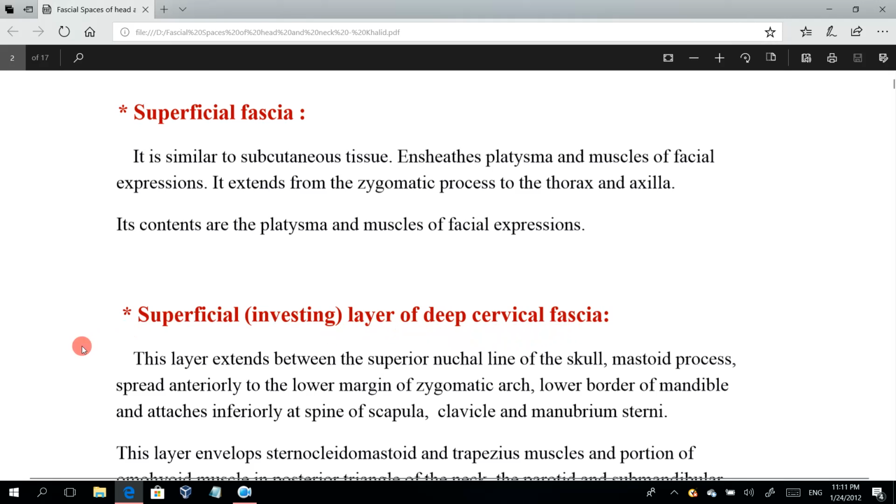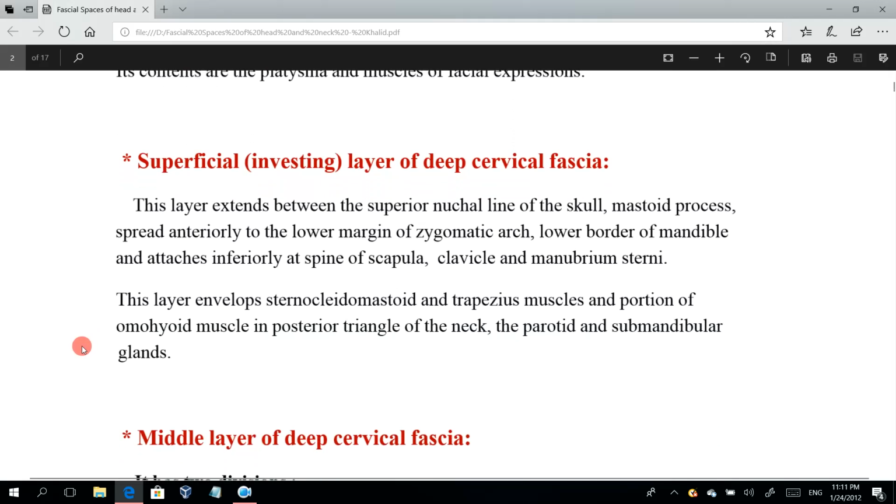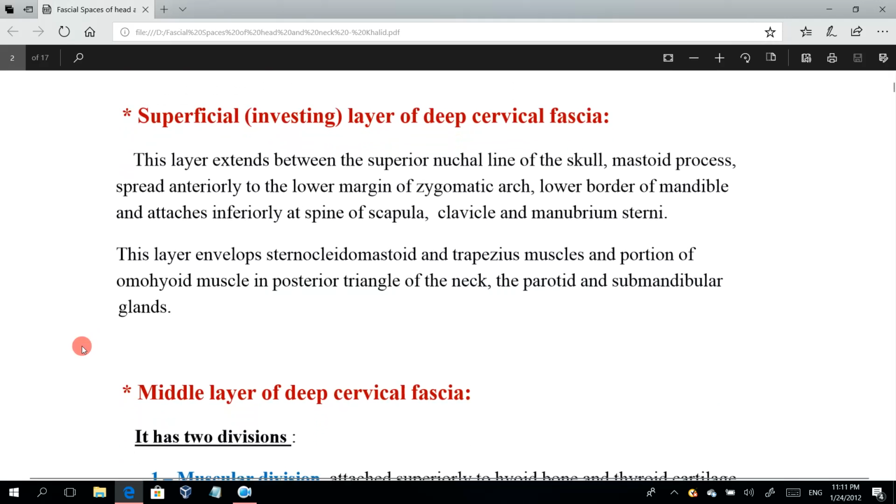This layer extends between the superior nuchal line of the skull, of the occipital bone, of course, the mastoid process, and extends anteriorly to the lower margin of the zygomatic arch, the lower border of the mandible, and attached inferiorly at the spine of scapula, clavicle, and manubrium sterni.